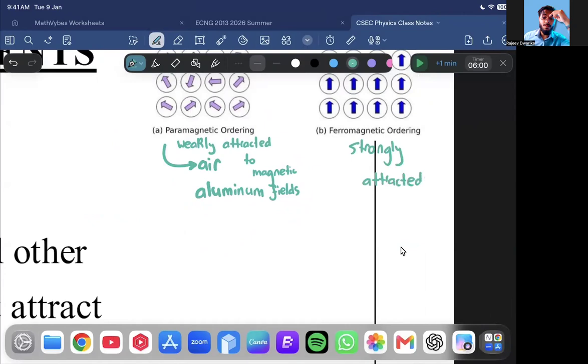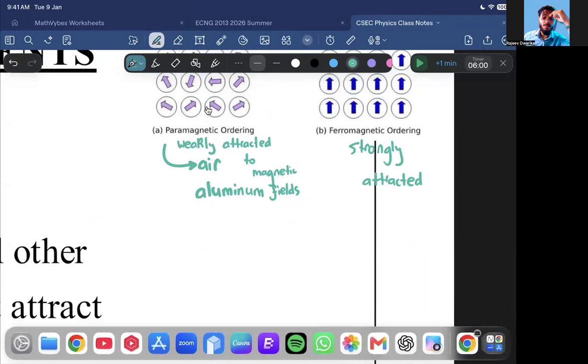Ryan, did you know that air is slightly magnetic? No, sir. I'll share liquid air and a magnet. If you were able to cool air enough and pour it between two magnets, you'll actually see it bend.